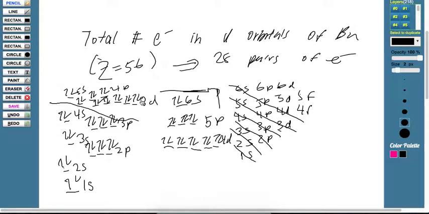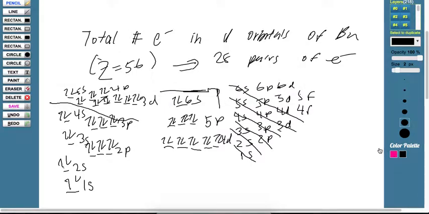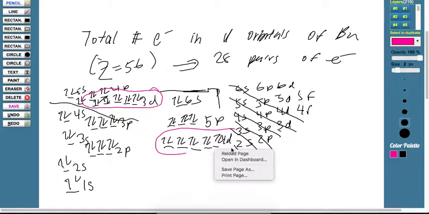Now we want to find the total number of electrons in d orbitals. As I did before, let's select all of the d orbitals. Starting from the bottom, we have the 3d and 4d. Since these are all filled, we take the number of orbitals multiplied by 2.